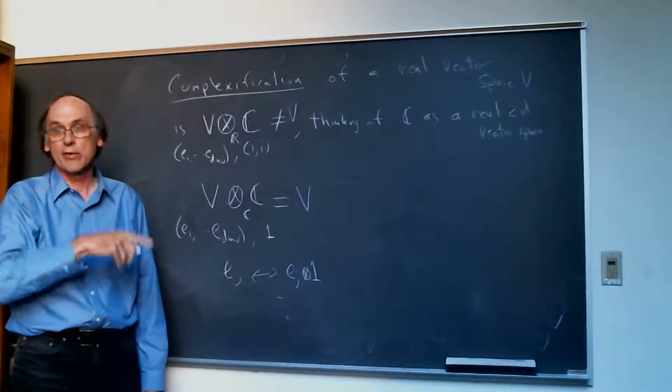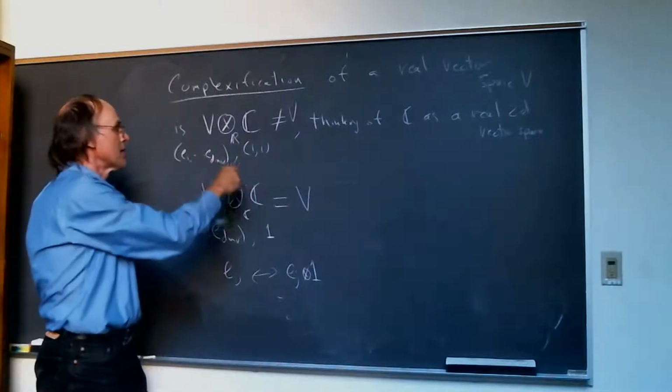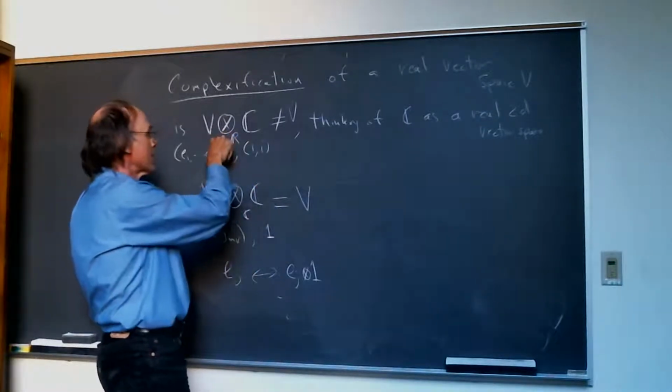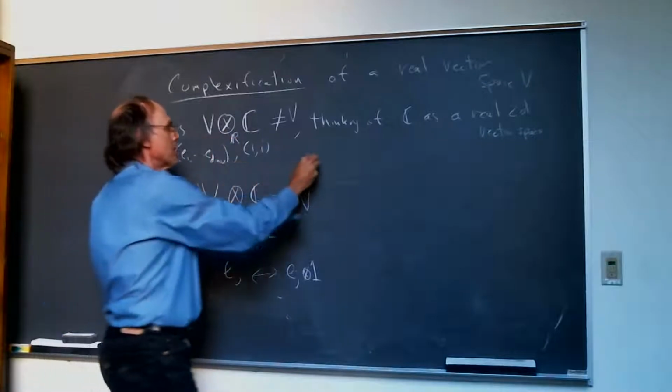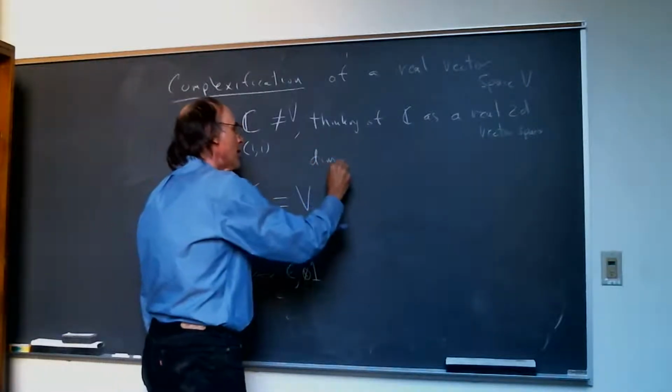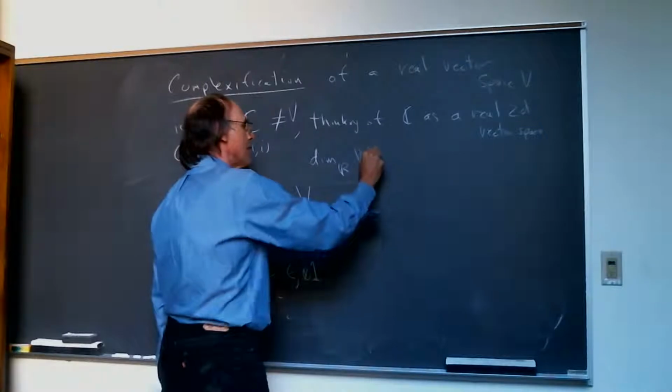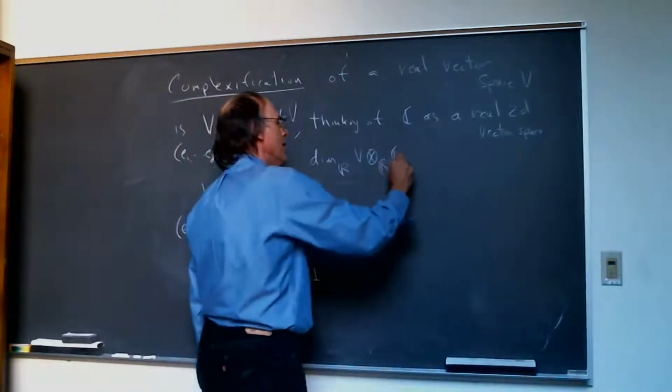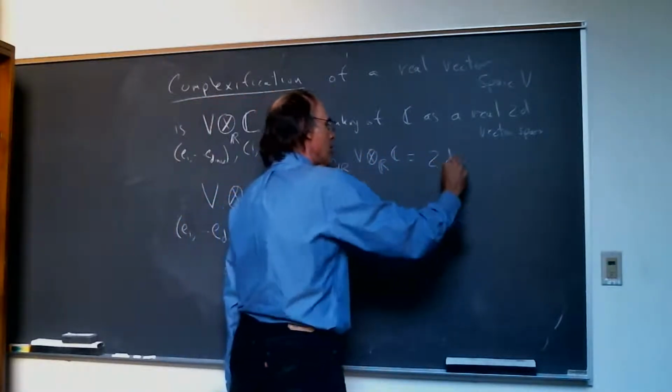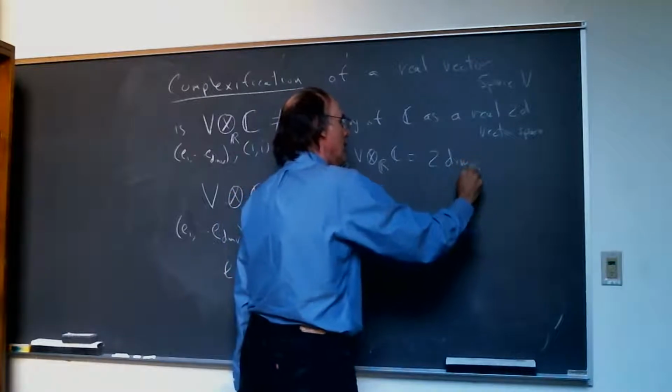As a real vector space, the real dimension of the tensor of R with C is 2 times the real dimension of V.